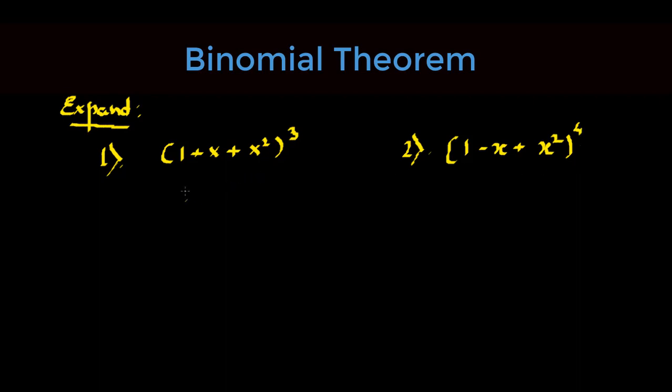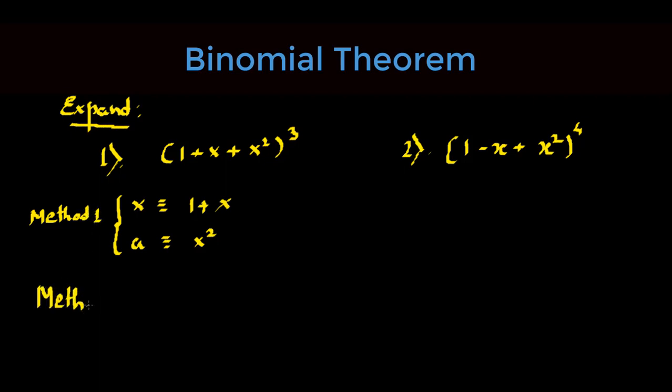This is very simple. There are two ways of doing this. So what we do, we allow x to be equivalent to 1 plus x and a to be equivalent to x squared. So this is method number 1. Oh, there's a simpler method.